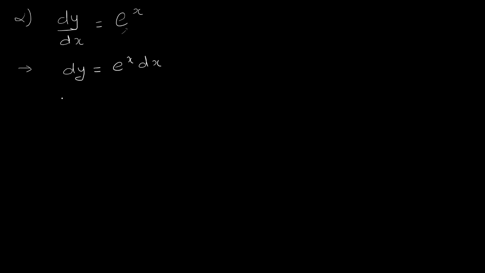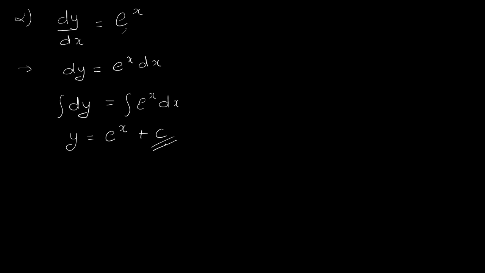Now I will integrate: the integral of dy is equal to the integral of e raised to x dx. The integral of dy we have seen is y, and the integral of e raised to x is e raised to x, and a constant of integration added on any side, that is plus c. Done. This is the solution.